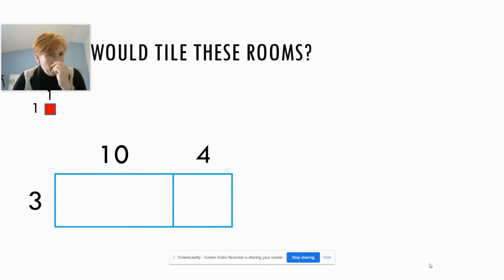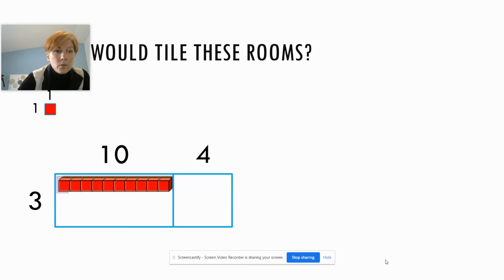If you had these 2 rooms, one's a 3 by 10 and the other is a 3 by 4. In the 3 by 10, I know that a length of 10 means I don't have to use individual ones, because I already have a strip that is 10 long, the rod.